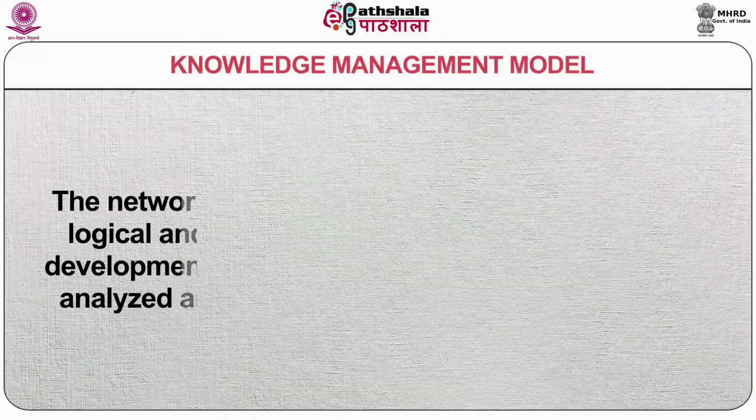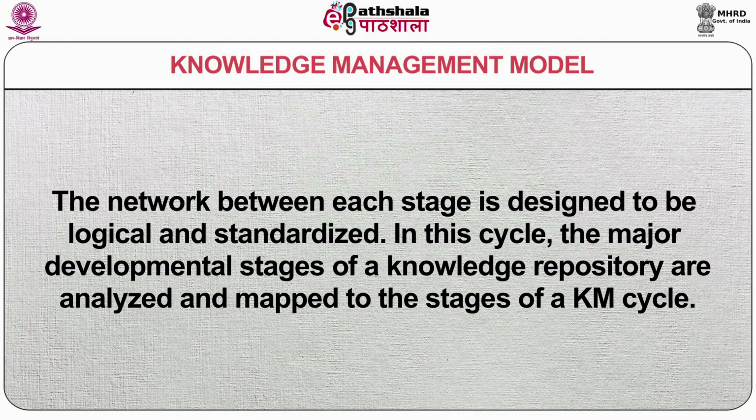The Zack model is extracted from work on the design and development of information products. The network between various stages of knowledge management is designed to be logical and standardized.